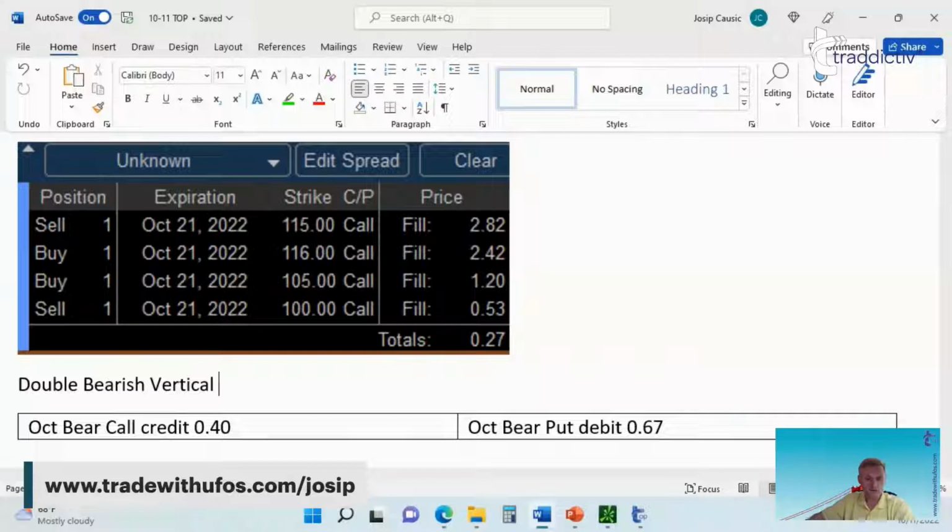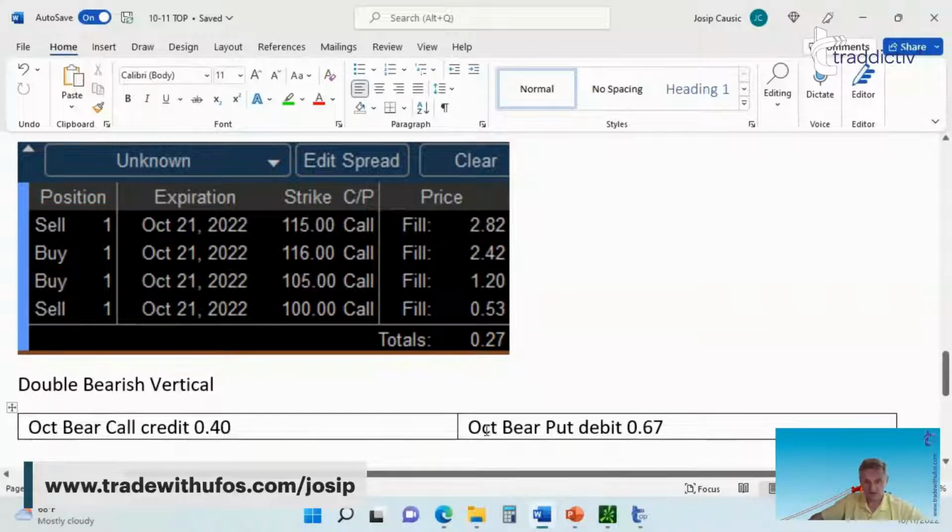So what is the beauty of this double bearish vertical? It's financing, but can we have a variation? And this is the beauty that I want to show you. Right here, can I alter this particular area and sell two of these to bring in 80 cents?